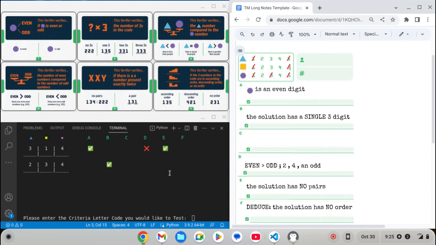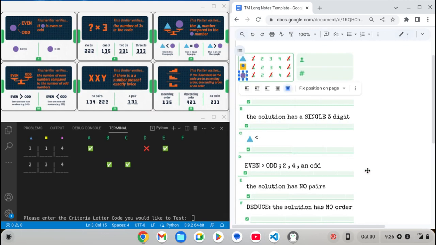So let's go ahead and test criteria card C. In comparing triangle and circle, it is also true that triangle should be less than circle, since my 2 is less than 4, and the Turing Machine agrees with that. So let's go ahead and type that up in our notes. And again, we'll say that triangle should be less than circle.